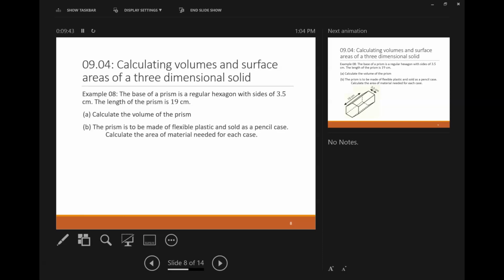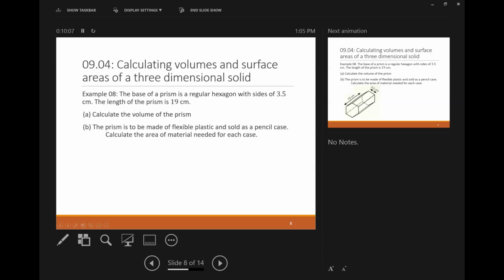The base of a prism is a regular hexagon with sides of 3.5 centimeters, and the length of the prism is 19 centimeters. We want to calculate the volume of the prism, and then the surface area. This says regular hexagon.